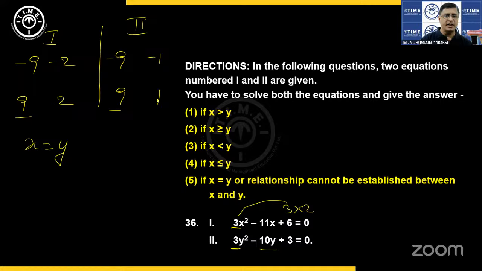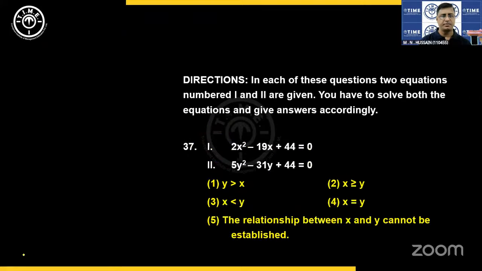Now 9 is greater than 1. X is greater than y. Now look at the second value. 2 is greater than 1. 2 is less than 9. So x is less than y. Combining this, it is not possible to make a relation. So the right choice is option number 5. Fifth choice is the right answer.